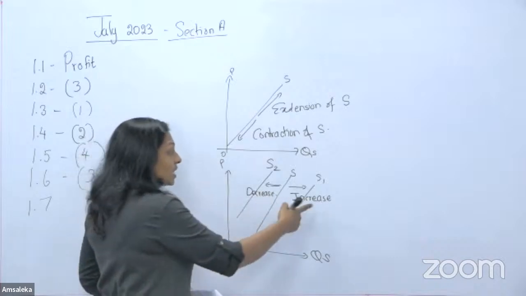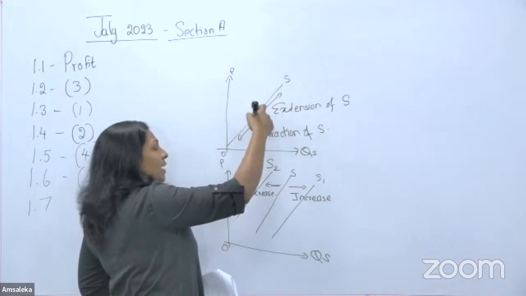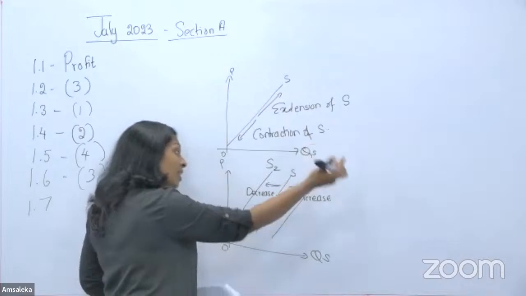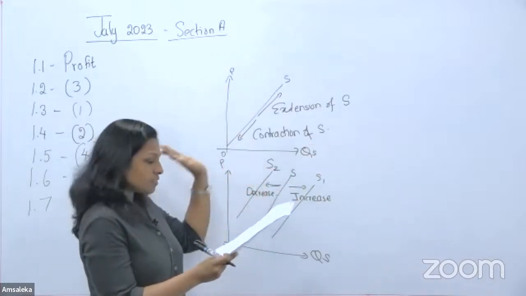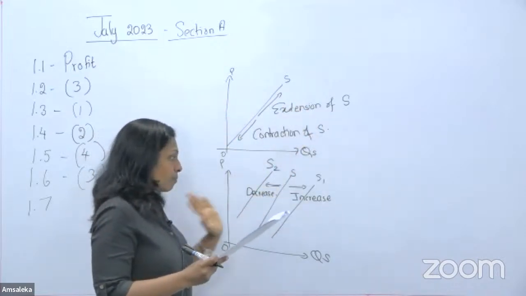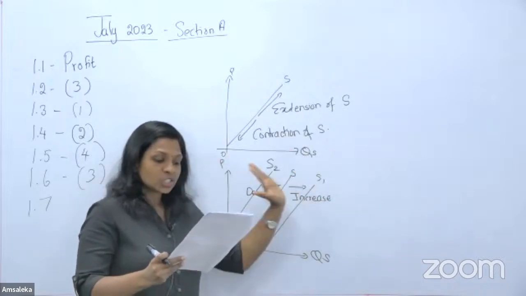They asked about this movement, not upward or downward along the supply curve. So contraction of supply, no. Expansion of supply, no. Decrease in supply, no. It's increase in supply because it's the rightward movement.